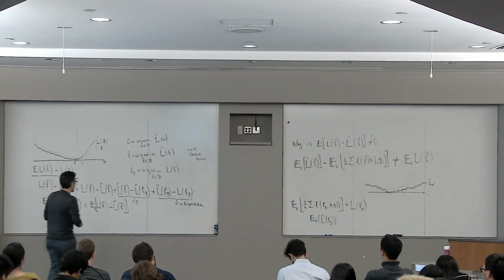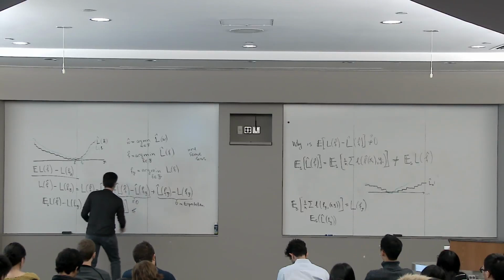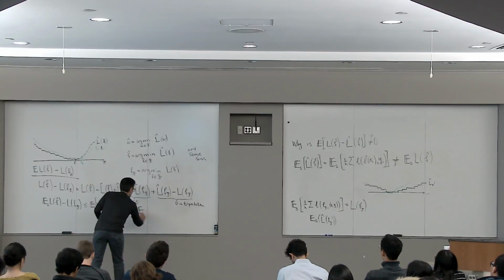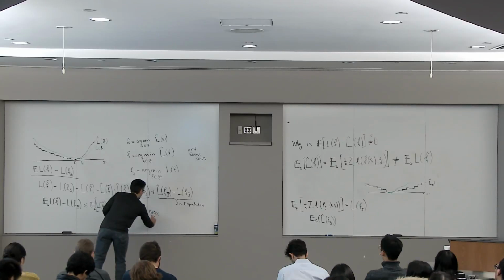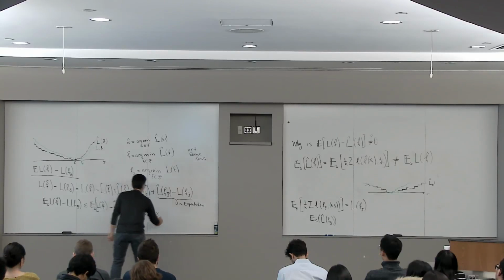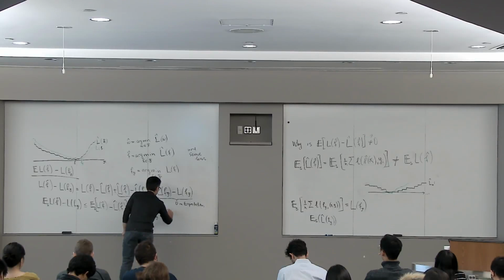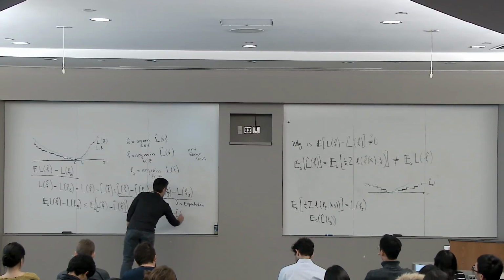So I could always say this is upper bounded by expected max over f in the class of L of f minus L hat of f.